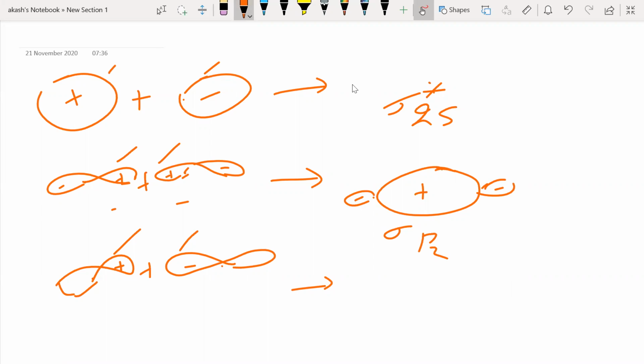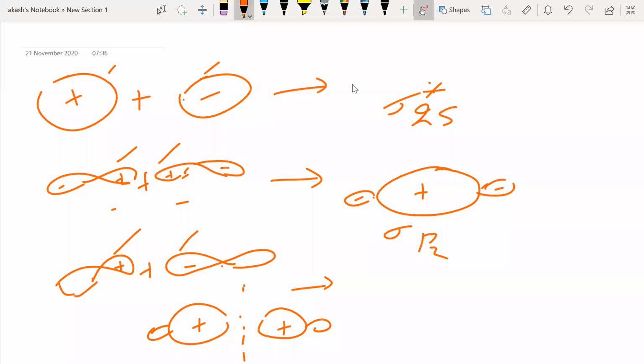Let me draw it right here. So this is my positive, and here in between you have nothing. And guys, I actually got the sigma 2s also.